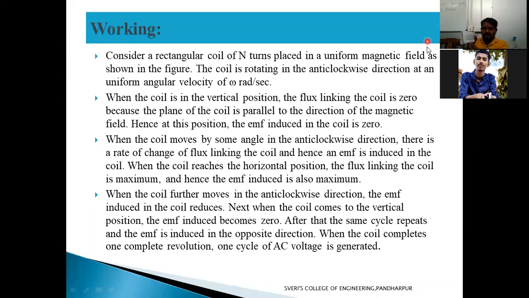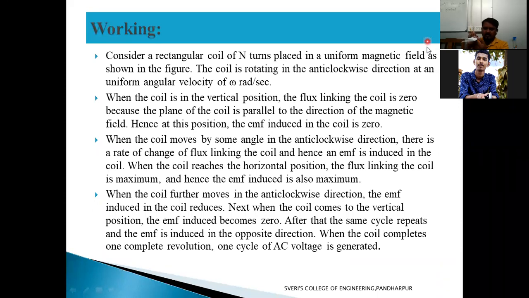Next, here we got the maximum value. I will again rotate it in the anti-clockwise direction only, and generation will continue. Then from the maximum induced EMF, it will start to decrease, because the flux linkage decreases.